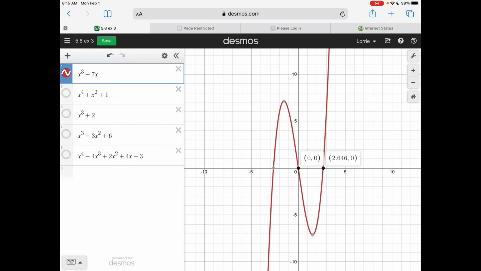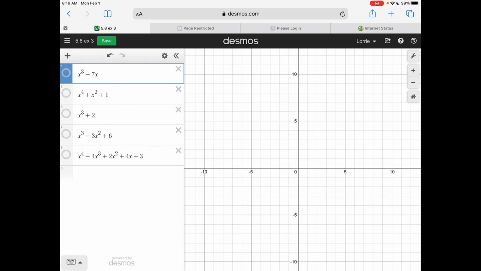I see that I have the point 2.646, 0, and I have a negative one that is rotated 180 degrees there. I can also take a look at my high point here and my low point here and notice that those are 180 degrees from each other. So that means that we do have an odd function.